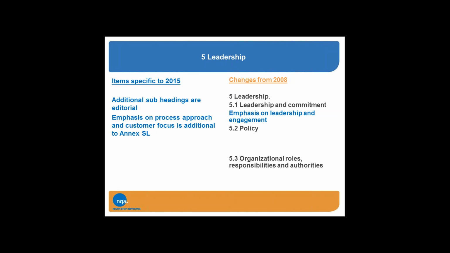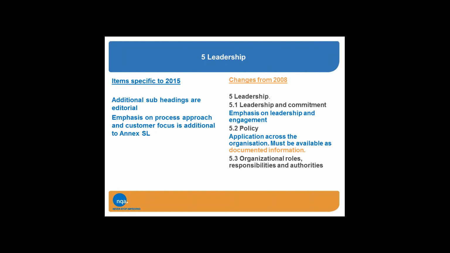What's changed from the 2008 standard? Well, the emphasis on leadership and the engagement of leaders in the management system, that's a change from 2008. In fact, 2008 does not use the term leadership.